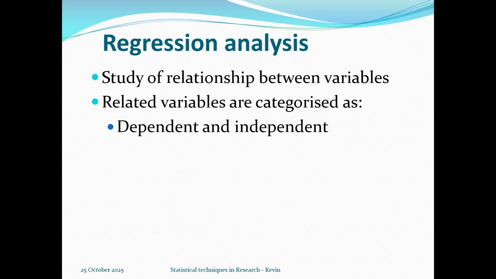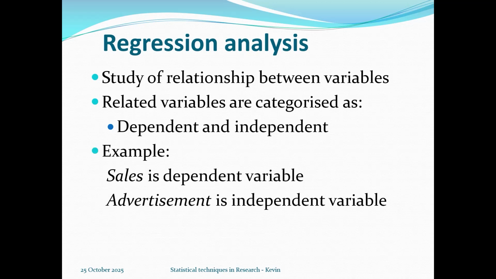For a dependent variable, there may be many independent variables. We may take just one important independent variable to understand regression analysis. Example: sales is the dependent variable, advertisement is one of the independent variables.